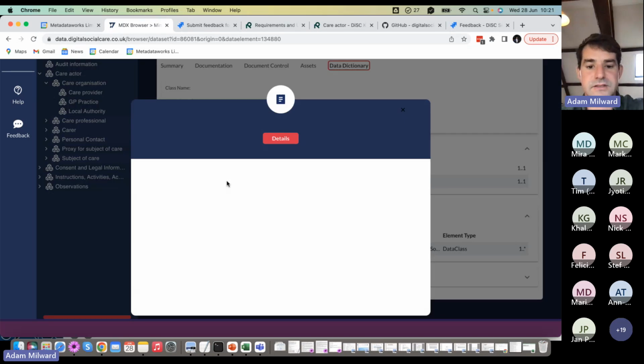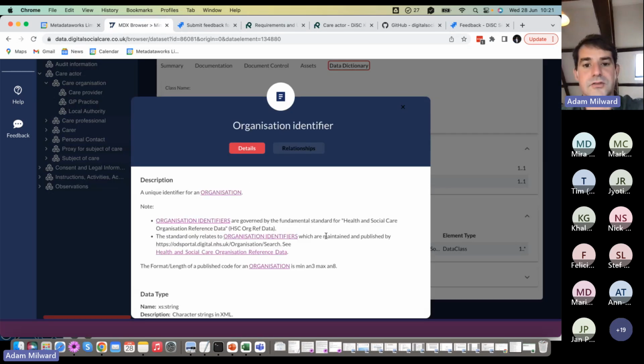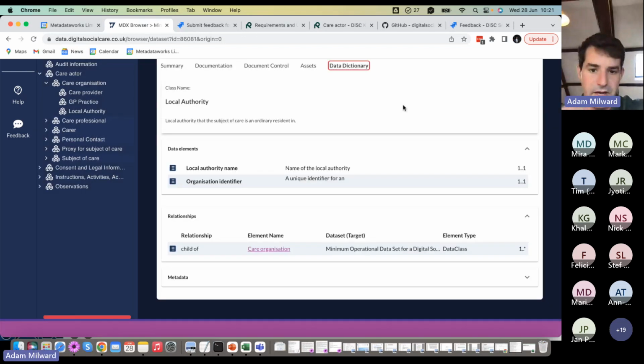Because although this says that it needs to be an ODS code within the specification, there isn't necessarily an explicit link to the coding standard itself. And if you're going to send a FHIR message, for instance, whenever you send a code, you need to send the coding standard. And so we're having a few conversations internally about how explicit we make that relationship.